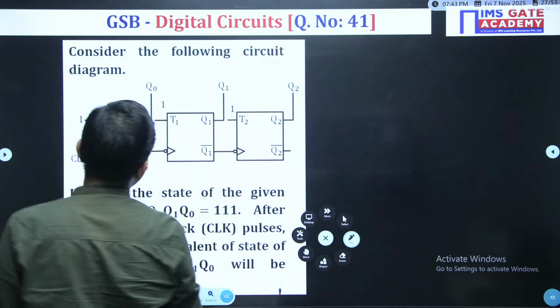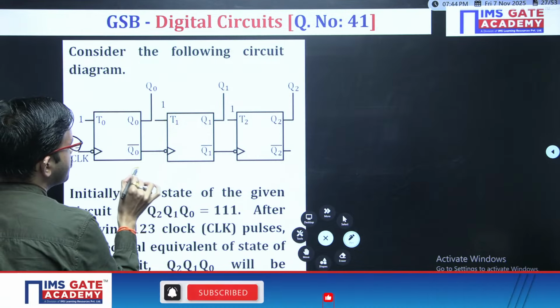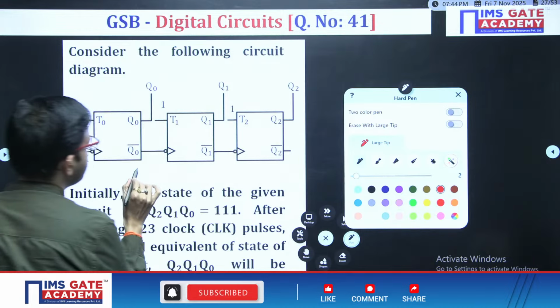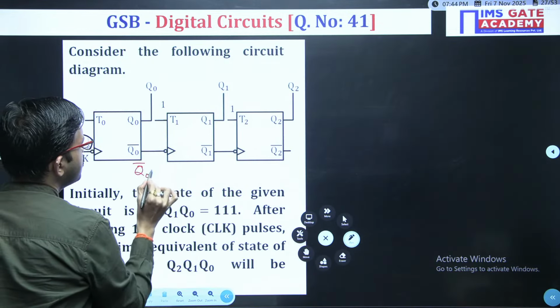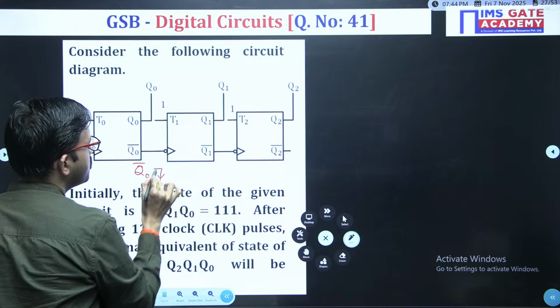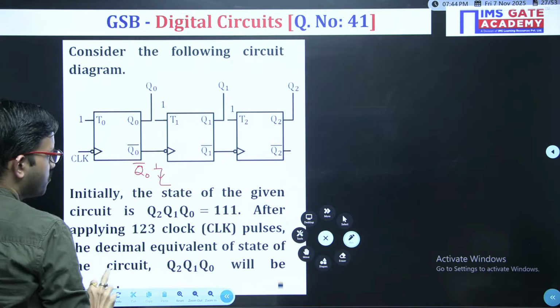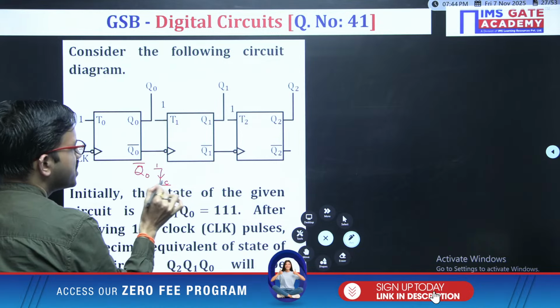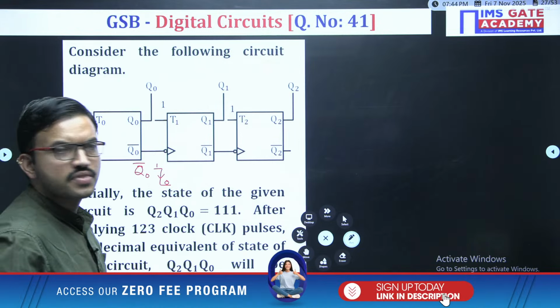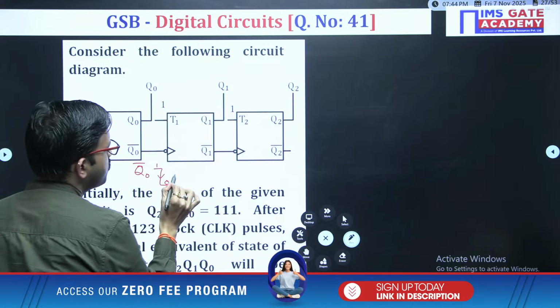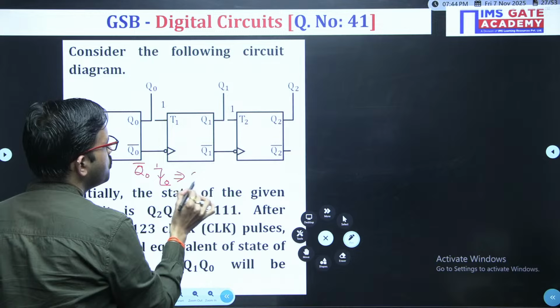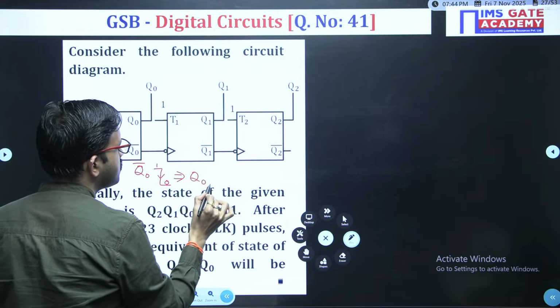In this case, Q0 bar, whenever it changes from 1 to 0, then only Q1 will get complemented. So Q0 bar changing from 1 to 0 is as good as Q0 changing from 0 to 1.